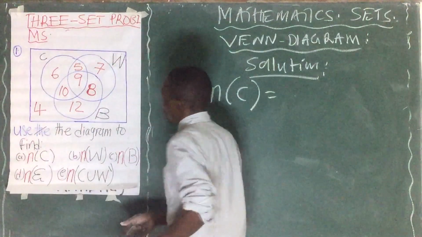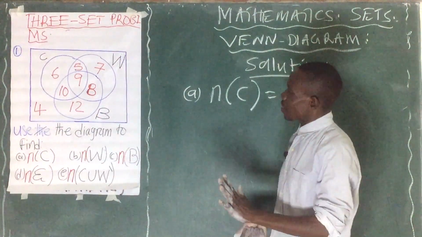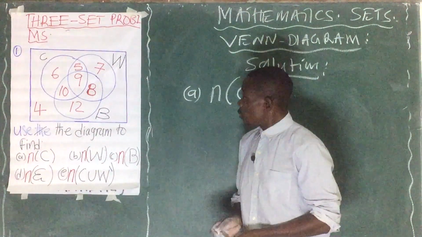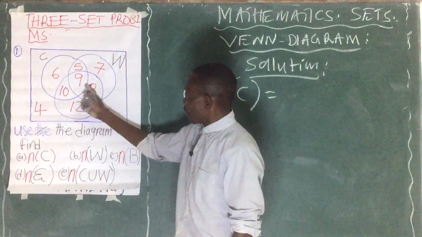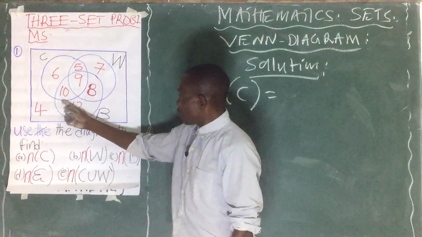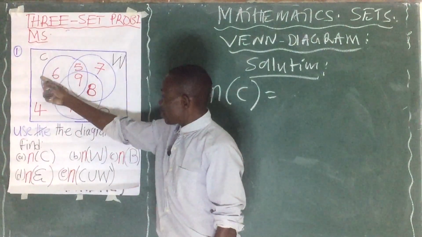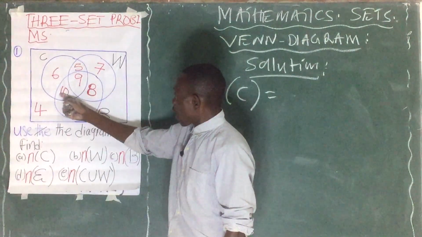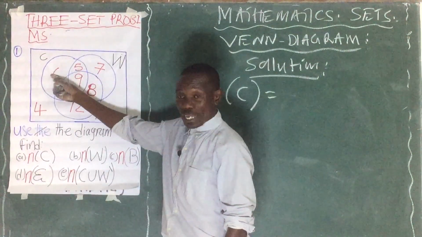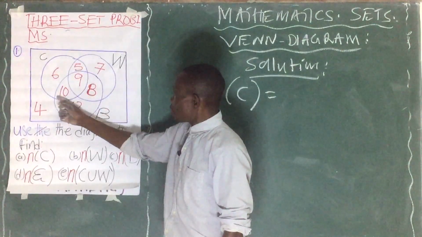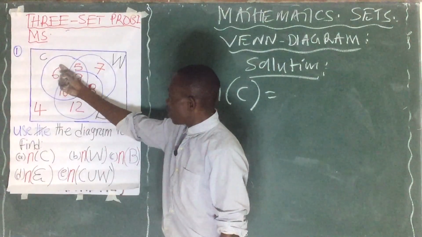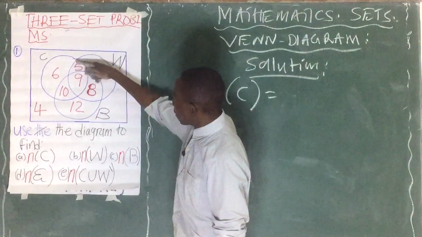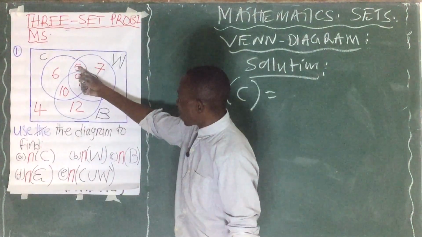So it means you come to the Venn diagram and focus on circle C. You find that C is this circle here. Whatever is in C is split into 4 parts, so set C has been split into 4 categories. We have those who are just in C, 6, and those who are in C and also W, 5.